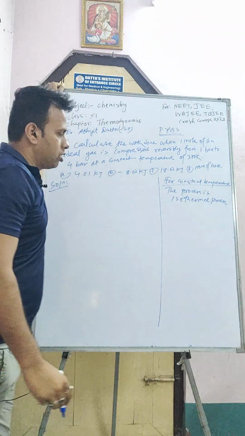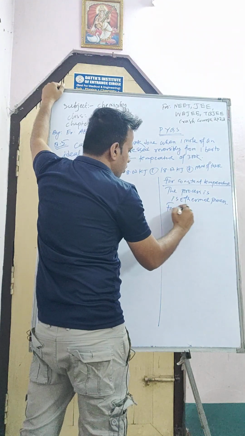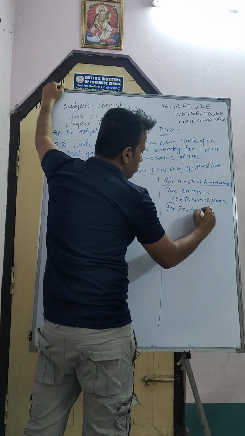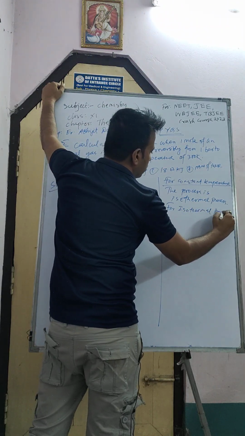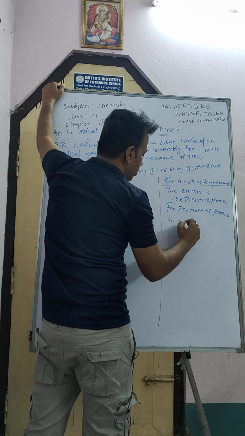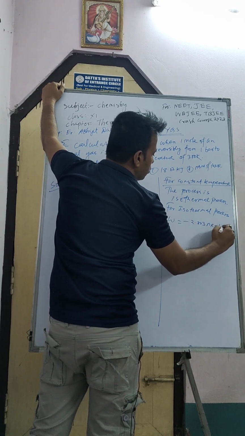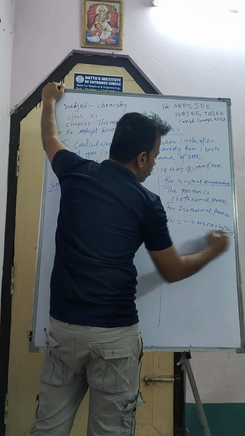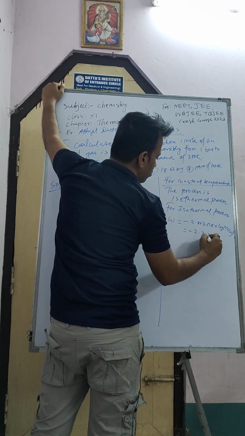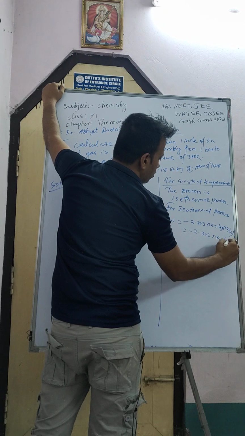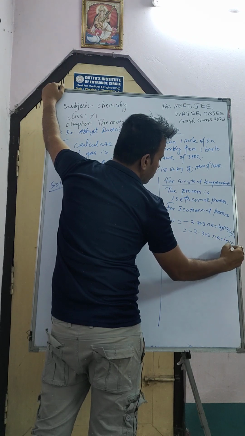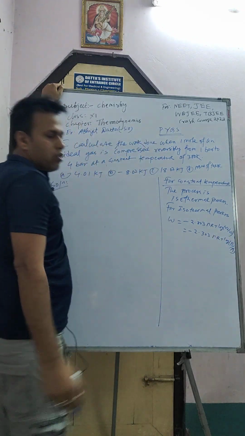For an isothermal process, work done is minus 2.303 nRT log V2 by V1, or minus 2.303 nRT log P1 by P2.